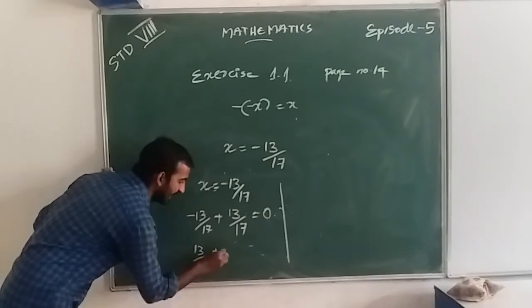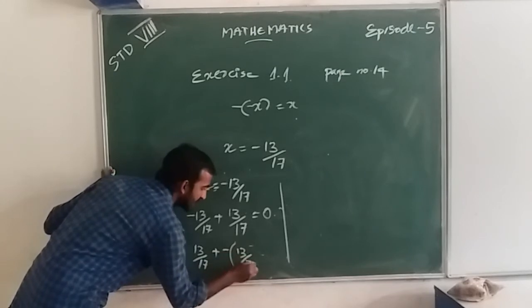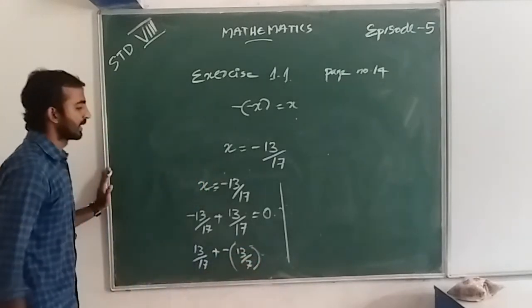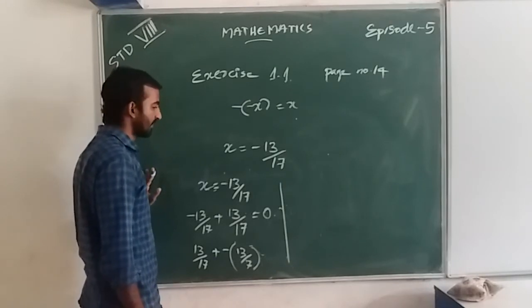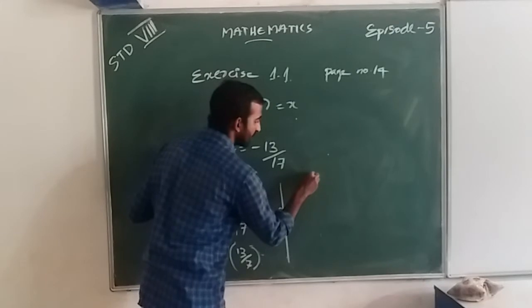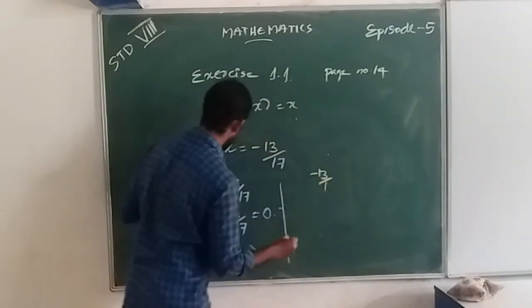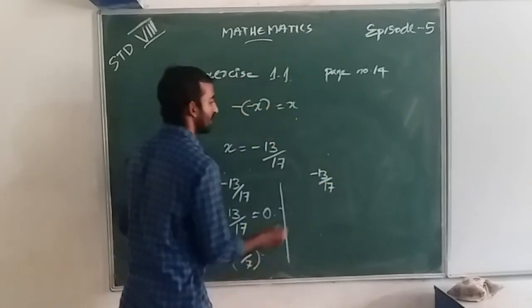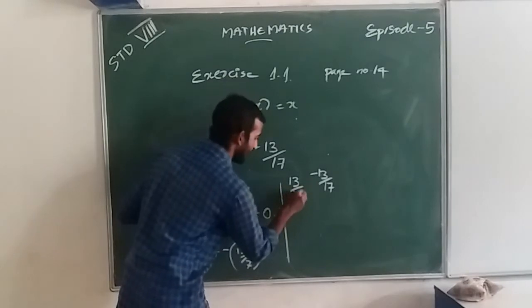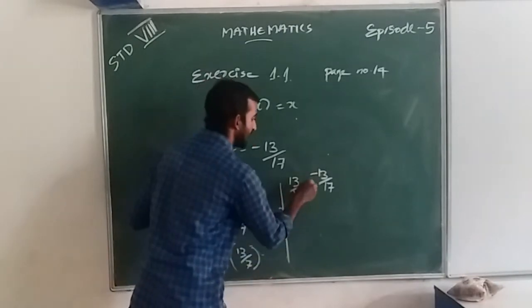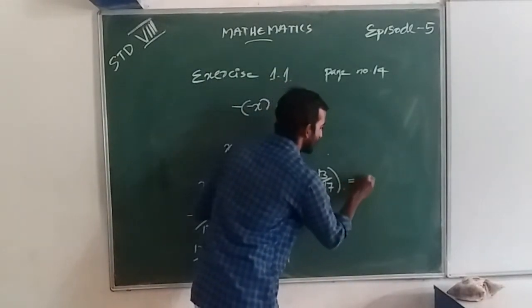That is negative of 30 by 70. Negative 30 by 70 plus 30 by 70 equals 0.